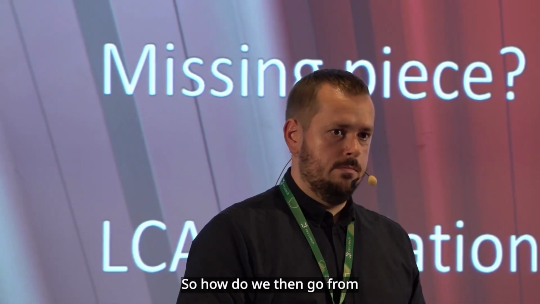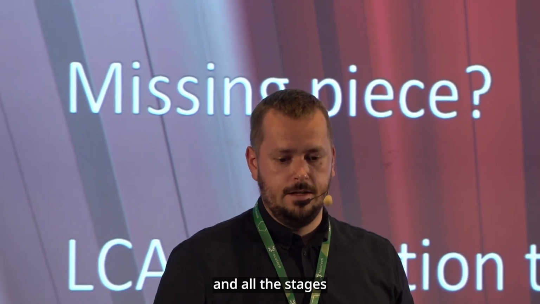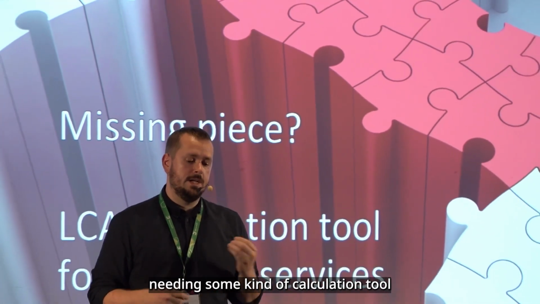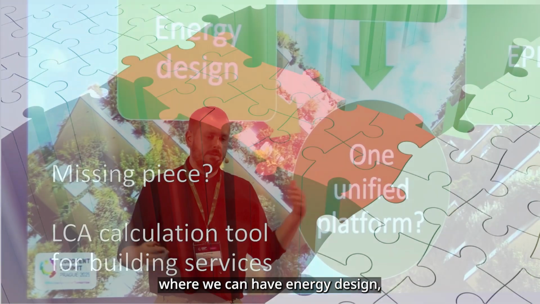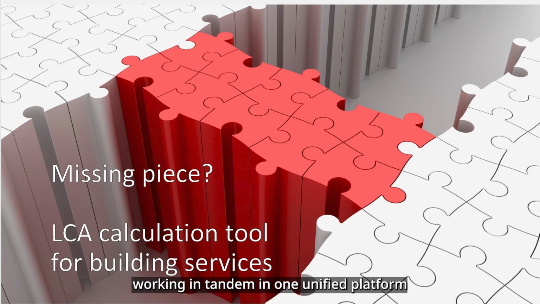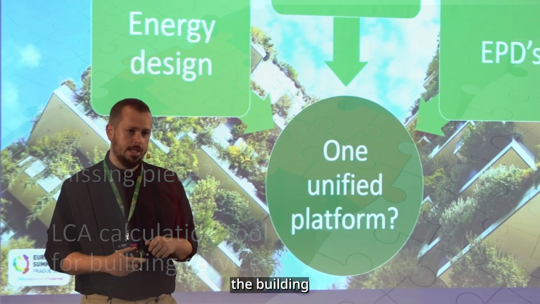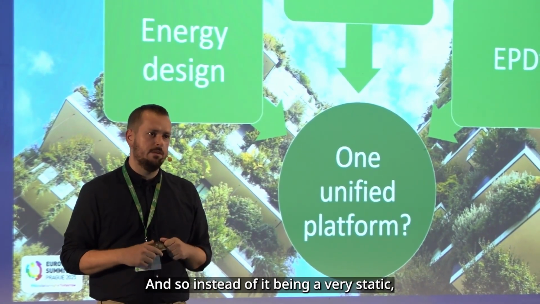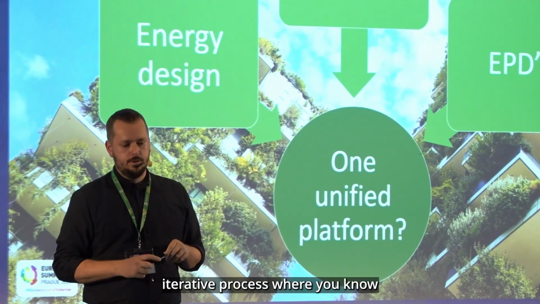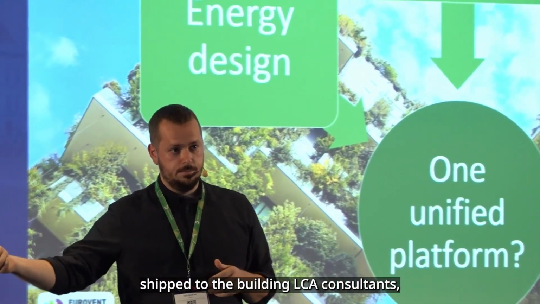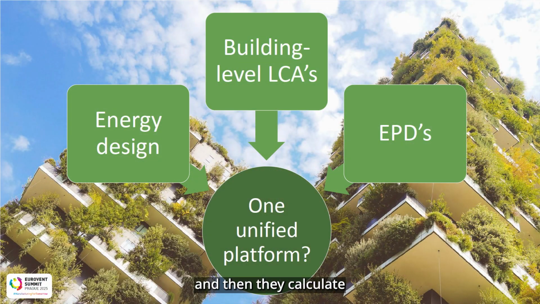So how do we then go from all that we want to do and all the stages I've talked about today? Well, there's something missing. We need some kind of calculation tool where we can have energy design, building-level LCAs and EPDs working in tandem in one unified platform, so that any choices you make in your energy design inform the building LCA and maybe utilize the EPDs more actively, instead of it being a very static, iterative process where you have your energy design, this is then done, completed, shipped to the building LCA consultants, and then they calculate based on those numbers.